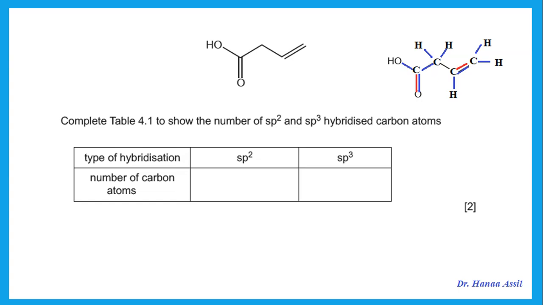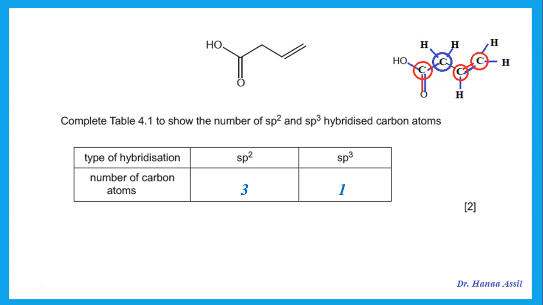So for the number of carbon atoms that have sp2, I have 3 of them making double bonds with the neighboring atoms. So I have 3 carbon atoms with sp2 hybridization. For sp3, I have the one that has 4 single bonds coming out of it. That is an sp3 hybridization.